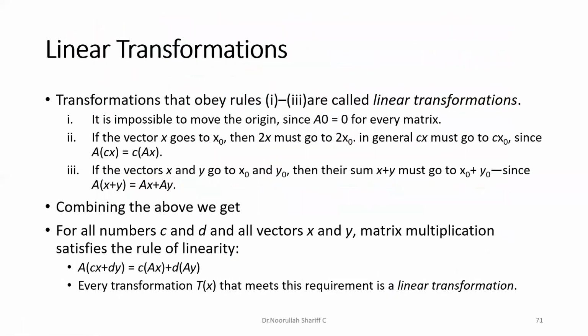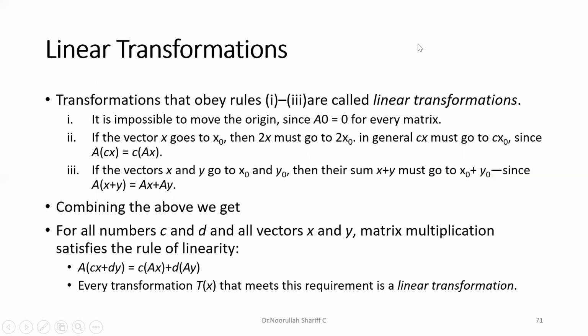So on the whole, we can have a set of rules which should be obeyed by the transformation for it to be linear. So transformations that obey rule 1 and 3 are called linear transformations. And what are these?